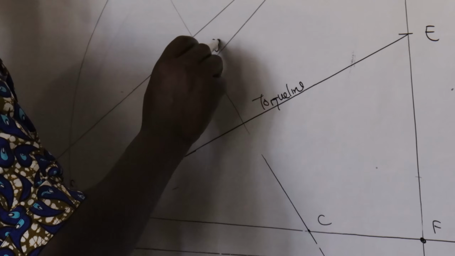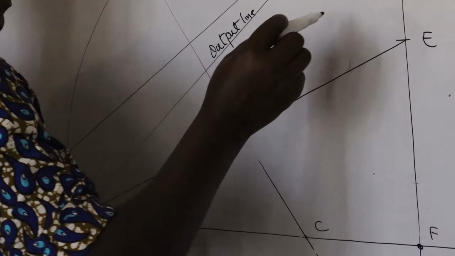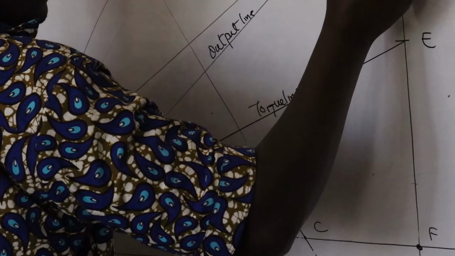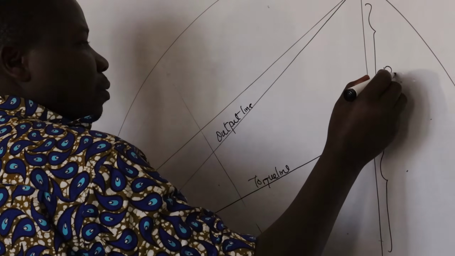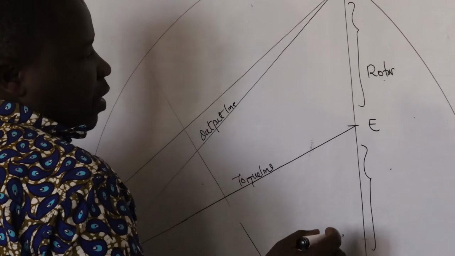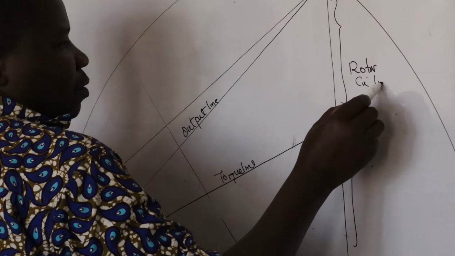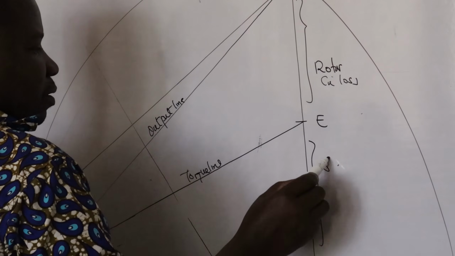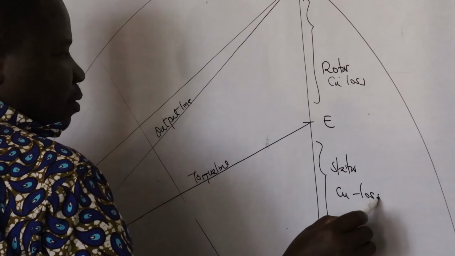This is called the output line. For now you can write, don't write in exams. Any other drawing, don't draw. The current drawing you can do for your reference. Theta, copper loss.